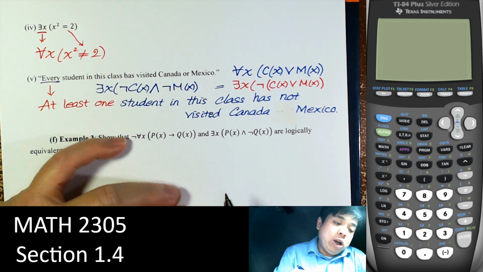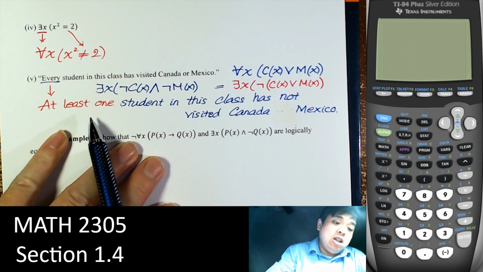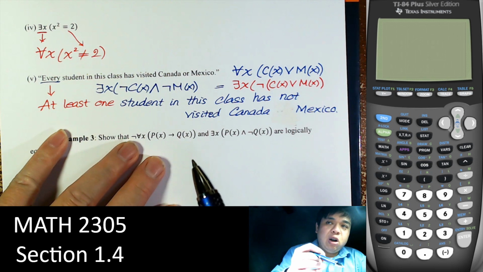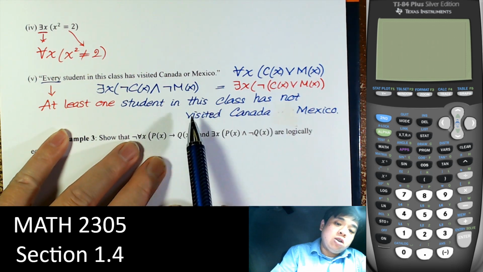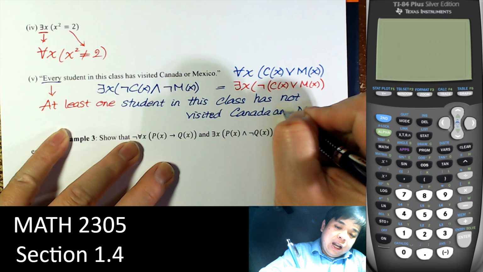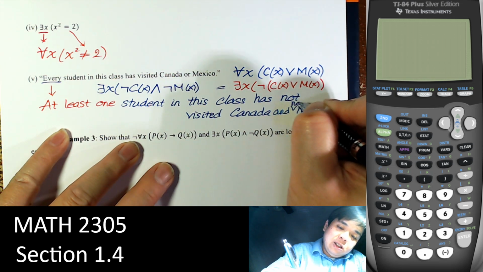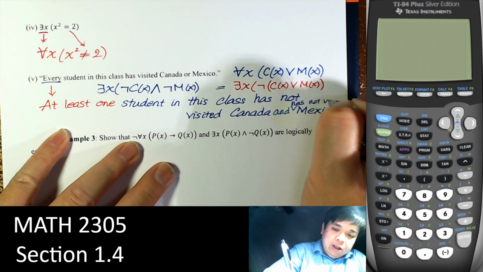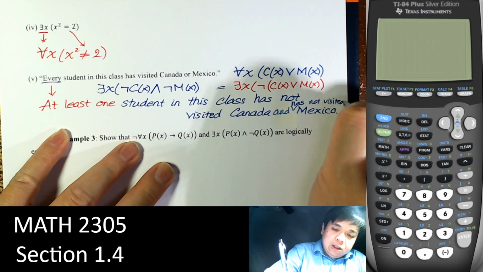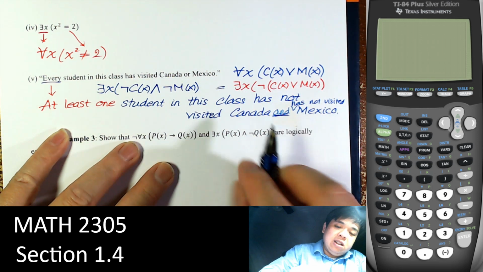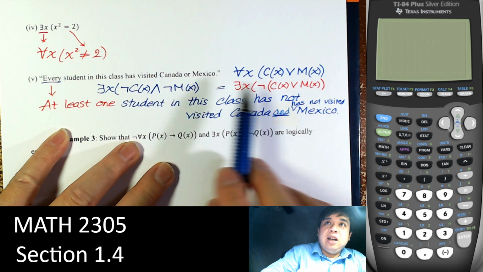So the proper way to say this exactly is: at least one student, or some student, in this class has not visited Canada and has not visited Mexico, and it's going to be "and," and the logic of that is De Morgan's law.